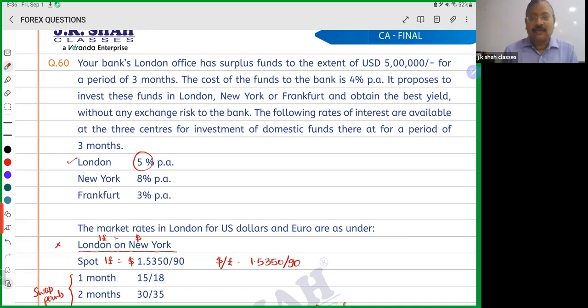Okay, one minute. Someone here is saying that you find the difference 8 minus 4 and then convert that into the 3-month forward rate. Is that okay? Everyone, I want you to think a little bit on this. Think, tell me logically.